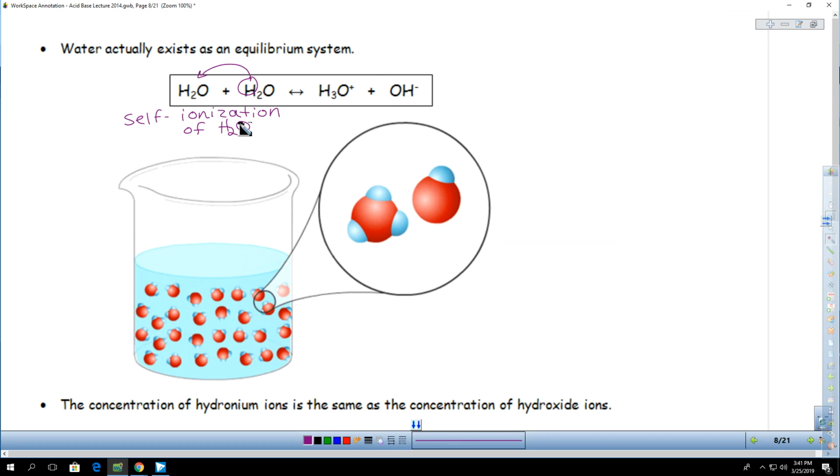And then we produce our friends hydronium and hydroxide. It looks like these pictures where the H3O ends up being this guy, hydronium, and the OH is this guy, hydroxide.